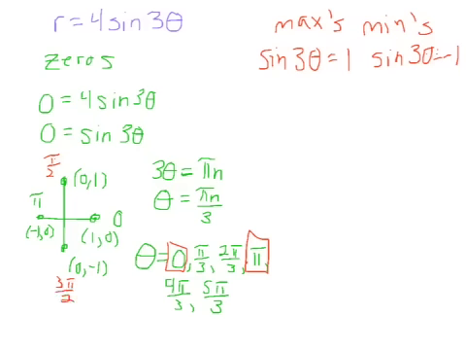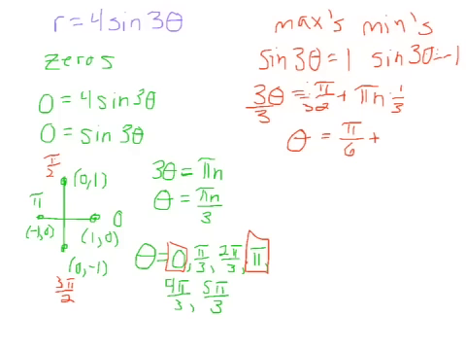So writing this in general form, we have 3 theta equals pi over 2 plus pi n. And when we divide by 3, or multiply by a third, we get theta equals pi over 6 plus pi n over 3.